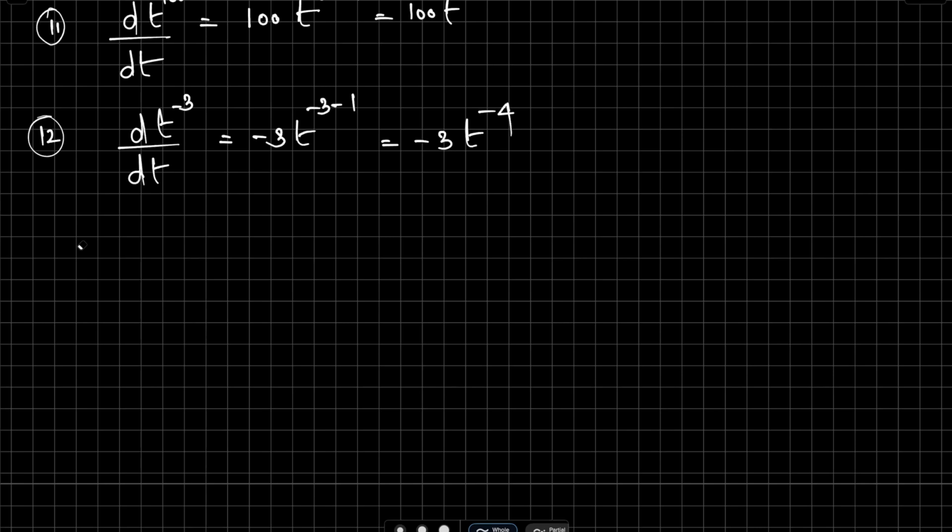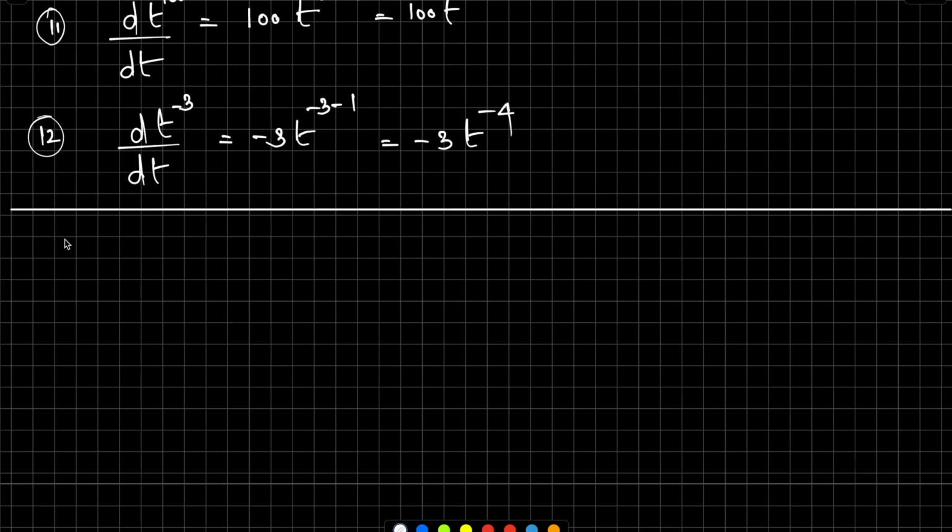Now, what if we have a constant and a variable together? So that's our third level. d by dt of 3t cube. In this case, you have to take the constant outside.